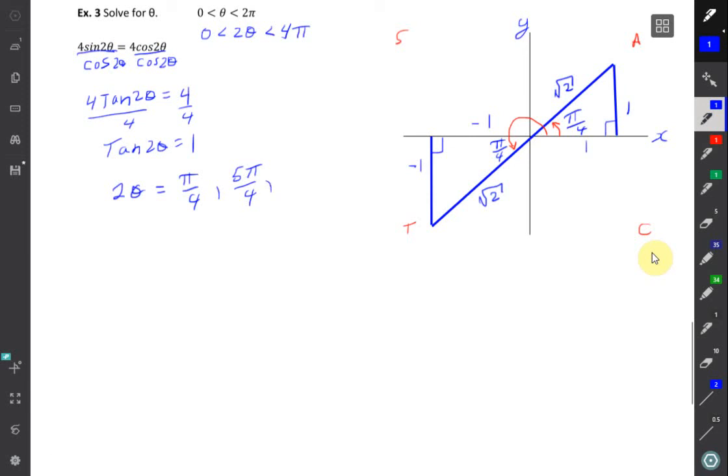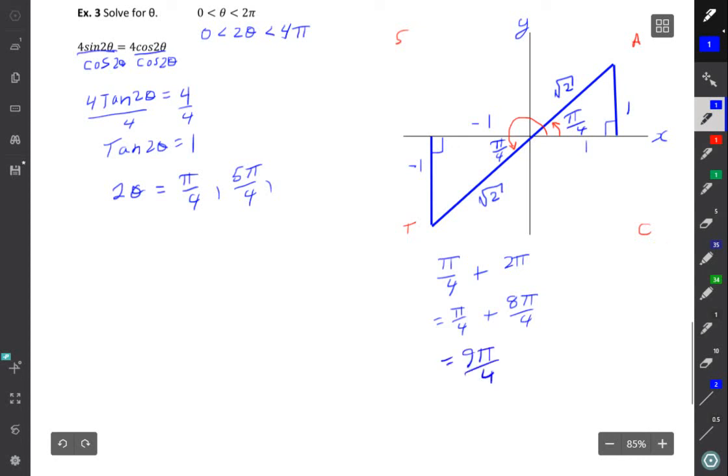I'll just show the work over here. So pi over 4 plus 2 pi, if we want that to have a denominator of 4, we would have to multiply the numerator and the denominator by 4, so that would be 8 pi by 4. So that gives me 9 pi by 4 as the next value.